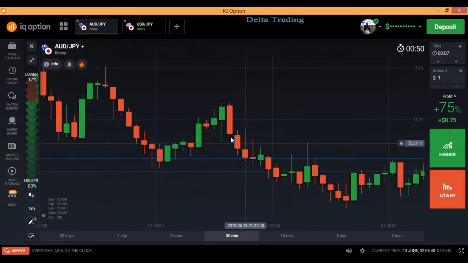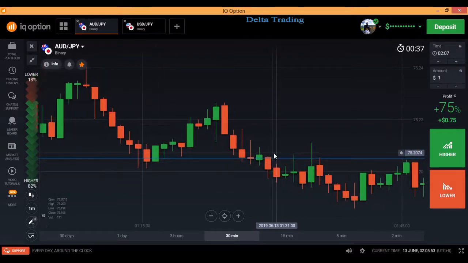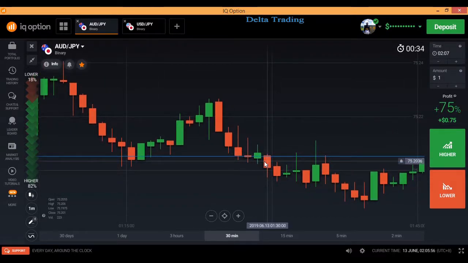But as soon as it gets here, when you see this red candle go down, this is the indication that this line is being broken. This line is no longer reliable. So candlestick rejection is very important, and properly putting this support and resistance is very important.